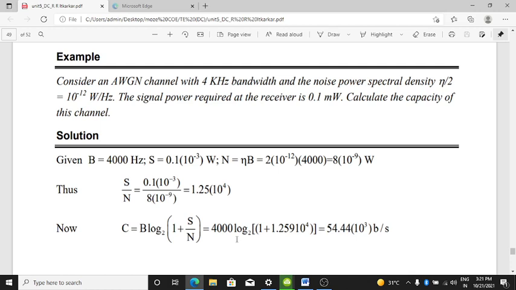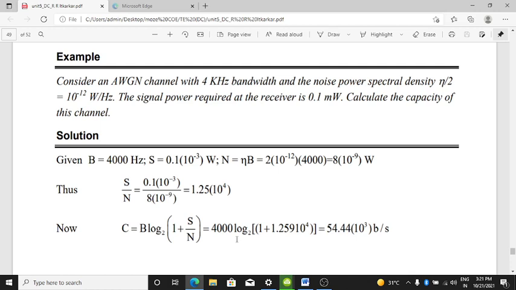The signal power required at the receiver is 0.1 milliwatt. Calculate the capacity of the channel. We have to calculate the capacity of the channel.